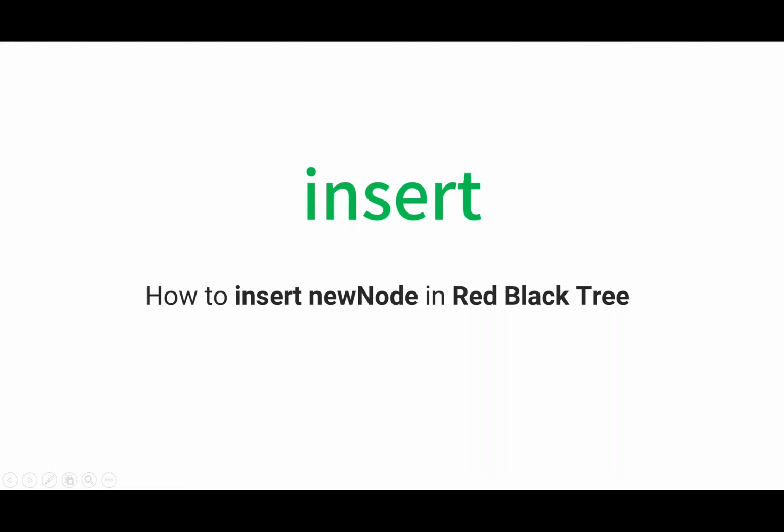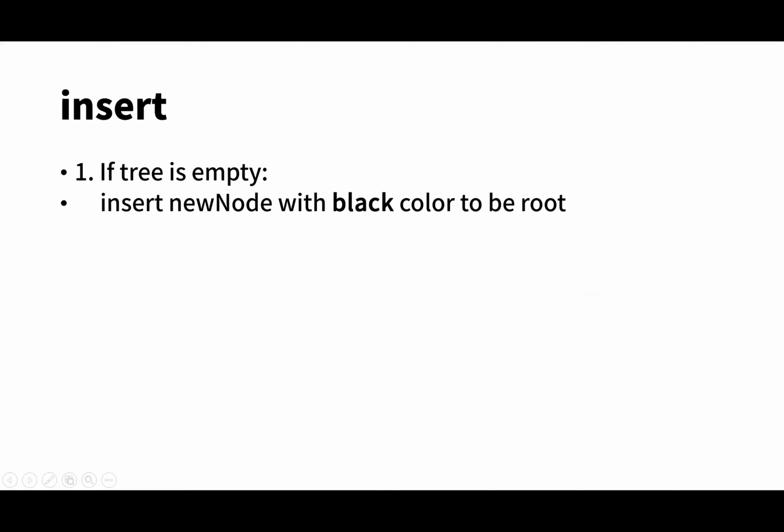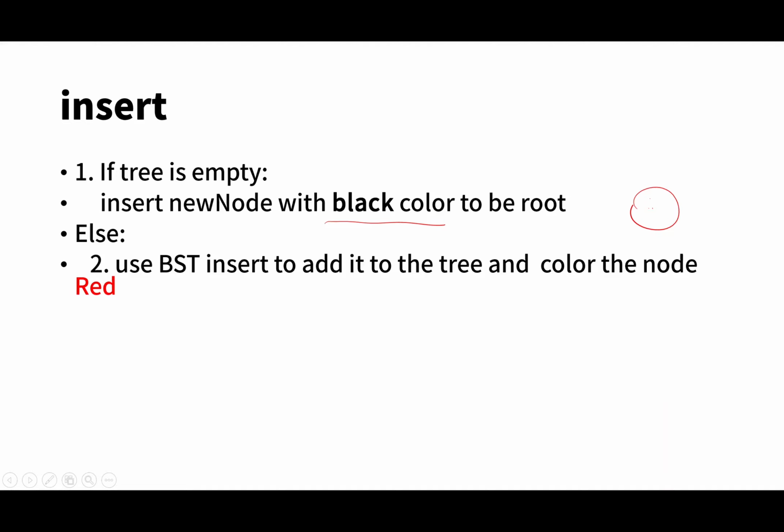Now we see how to insert a node in the red-black tree. If the tree is empty, the inserted node will be colored black and become the root of the tree.